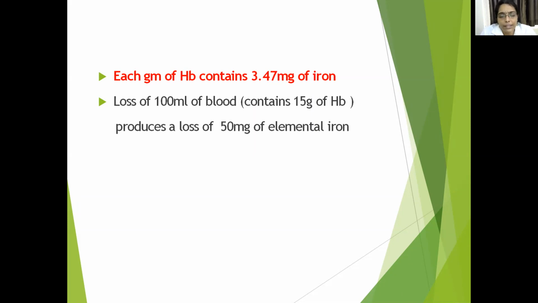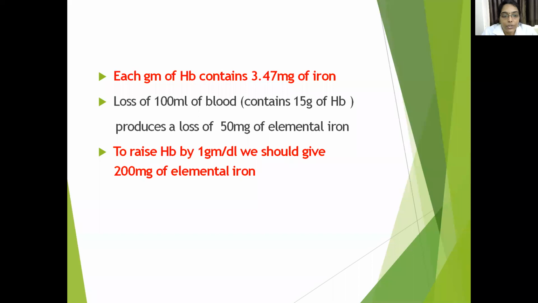Since each gram of hemoglobin contains 3.47 mg of iron, you can calculate the amount of iron lost. Then when you are giving iron to treat anemia, to raise hemoglobin by 1 gram per dl, we should give 200 mg of elemental iron.